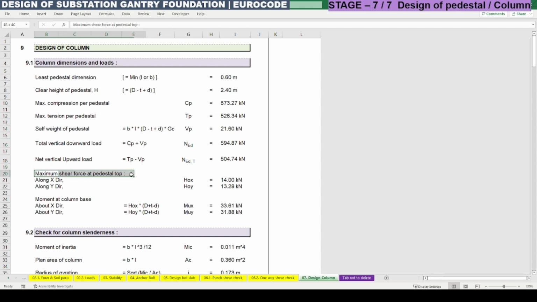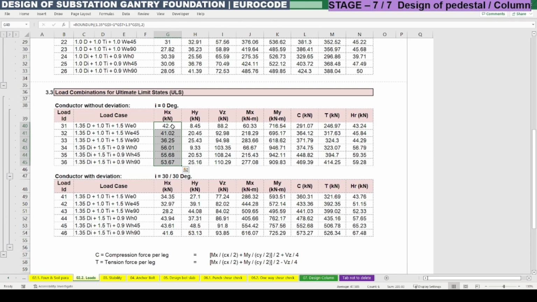Next one is the maximum shear force at the pedestal top. We already have these values here. These are the values for ULS load combinations. We have discussed this in the stage 2 video. This is the total shear force which is going to act on the entire foundation, which comprises 4 pedestals.